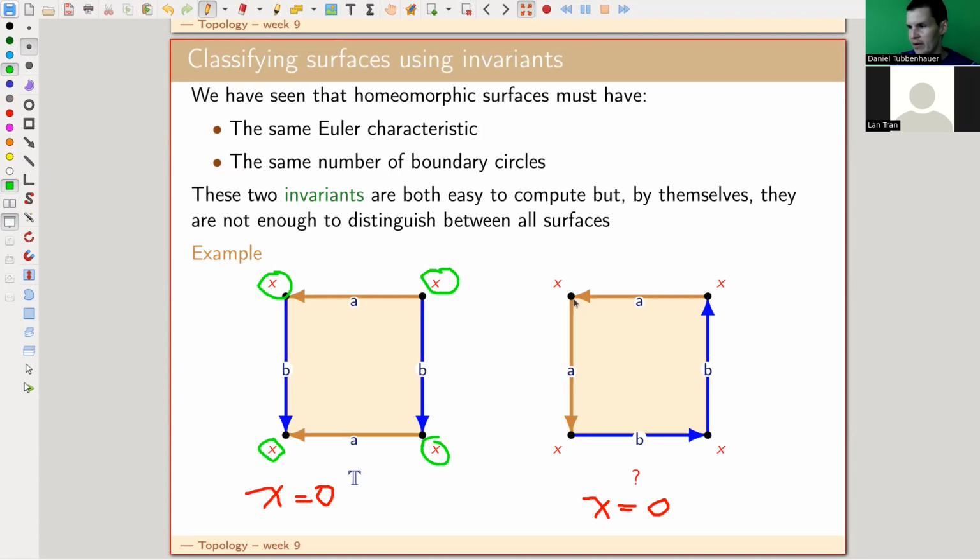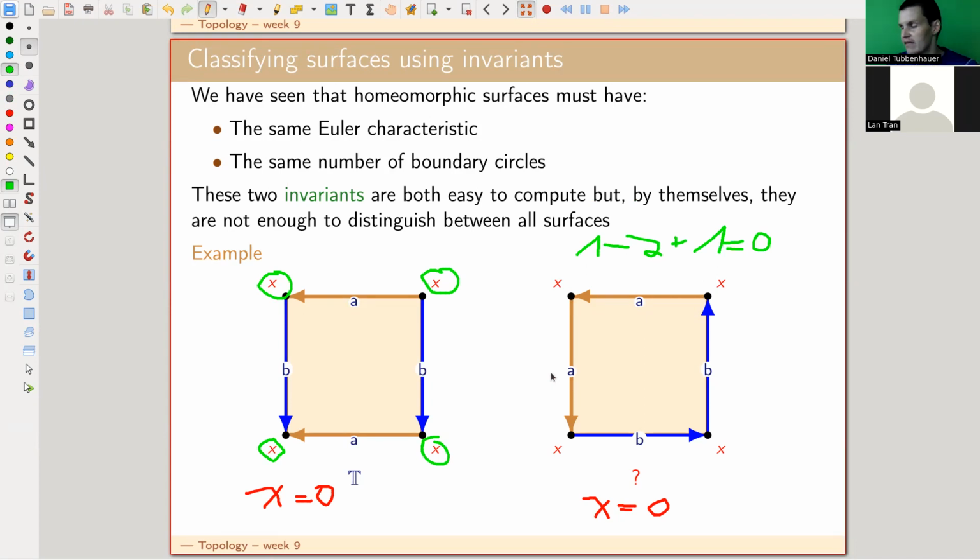So here, for example, this vertex is at the head of A, so it's here. It's the tail of B, so it's here. It's the head of B, so it's here. It's all the same vertex. So we have one vertex, and in both cases, we have two edges, and the face is staring right at us. So the Euler characteristic is 0 in both cases. And they both don't have any boundary cycles, so they also have the same number of boundary cycles.